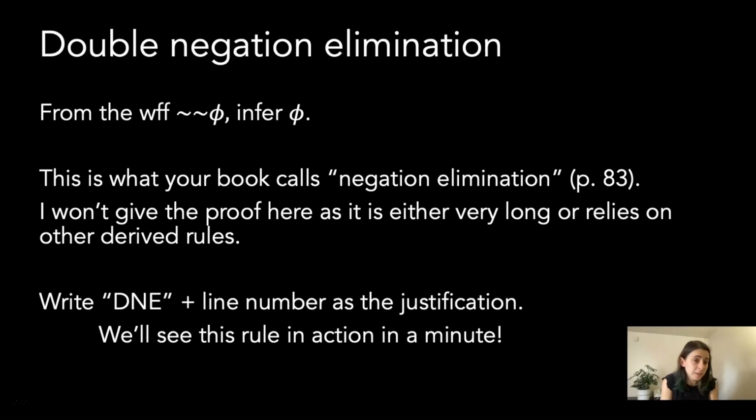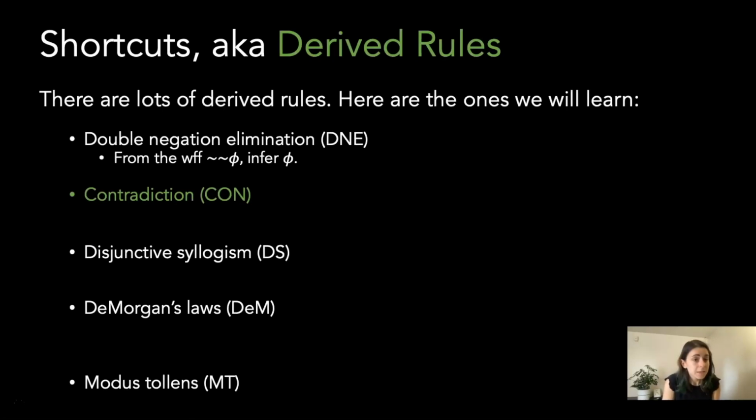The way that we would appeal to it is that we'll abbreviate it as DNE, and then you'll write the line number of the double negated well-formed formula as the justification for the well-formed formula phi. We'll see this rule in action in just a minute. The second one is known as contradiction.